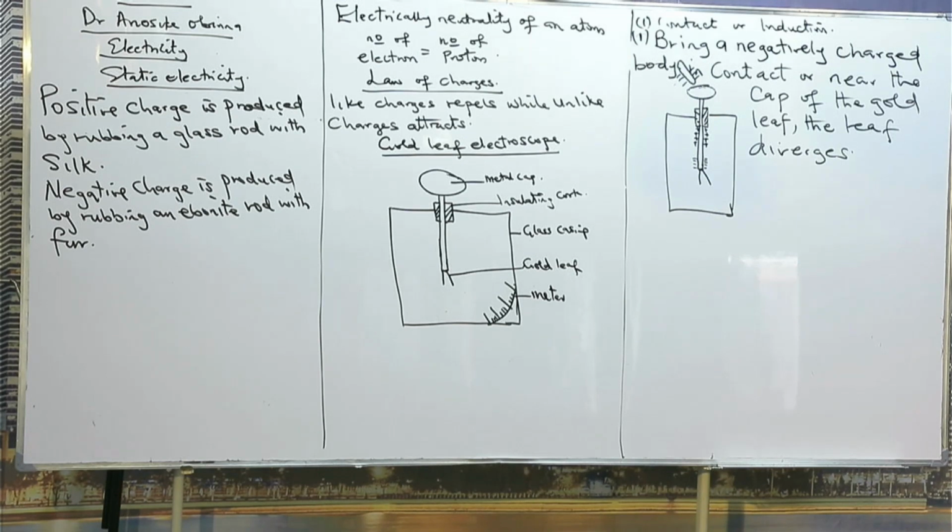I'm now going to explain to you what exactly happened. Remember, the gold leaf initially is neutral.